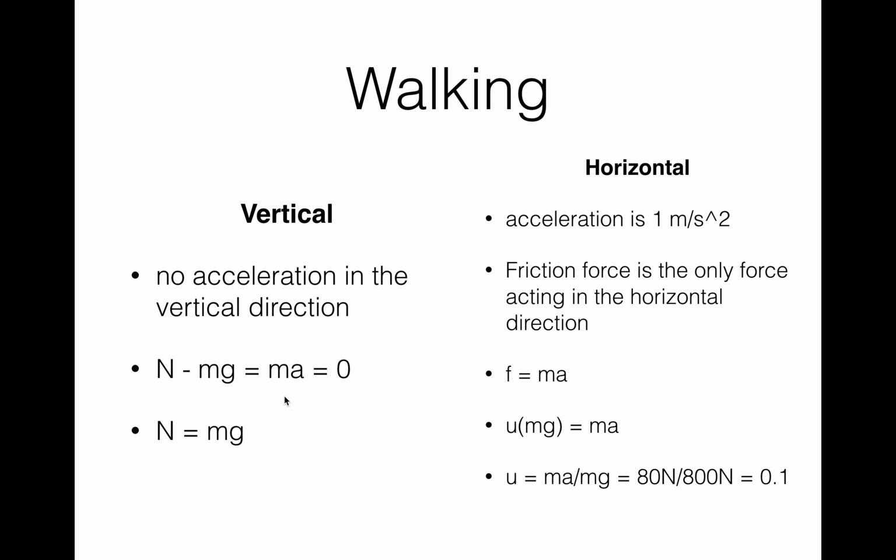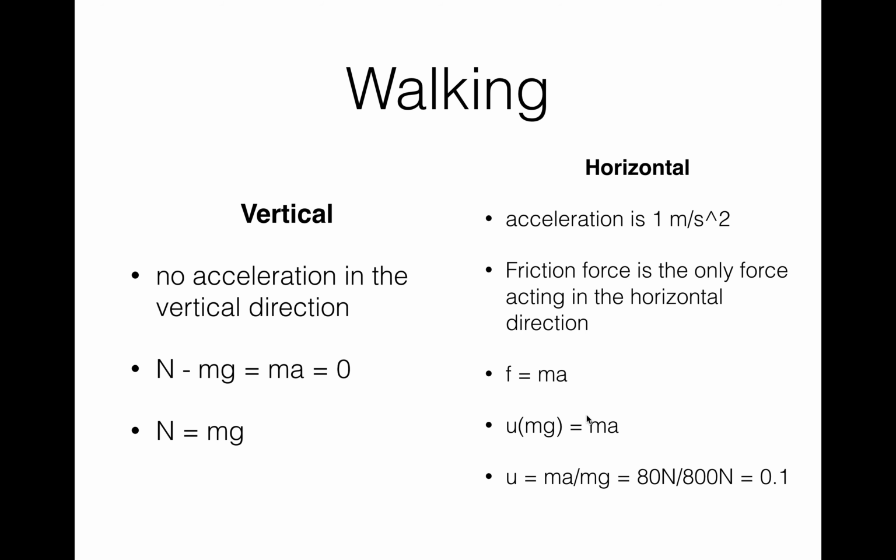You should have figured out that my acceleration, going from 0 meters per second to 1 meter per second in a second, is 1 meter per second squared. So my acceleration is 1 meter per second squared. So then the frictional force must be the mass times the acceleration, and so it's got to be about 80 newtons if you work that out, right? ma, because that's what ma is.